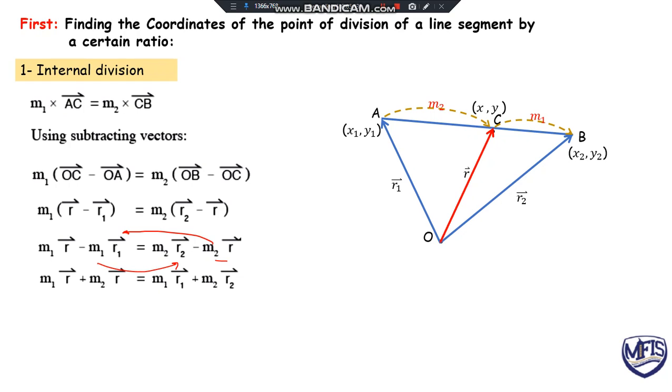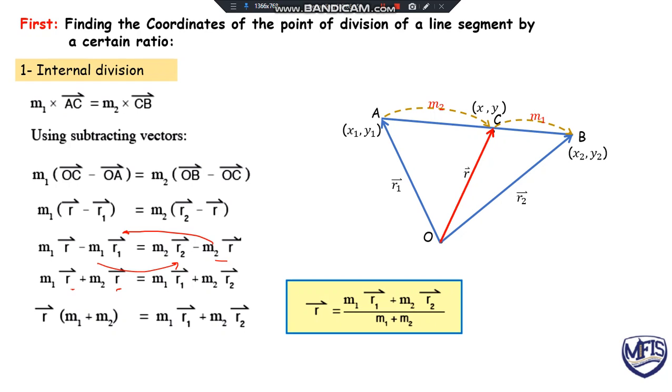So we have M1R plus M2R equals M1R1 plus M2R2. So we can take R as a common factor. So we have R multiplied by M1 plus M2 equals M1R1 plus M2R2.